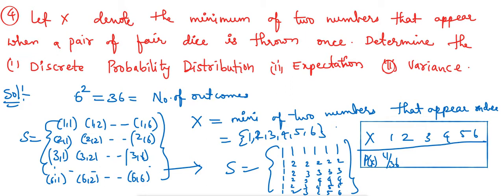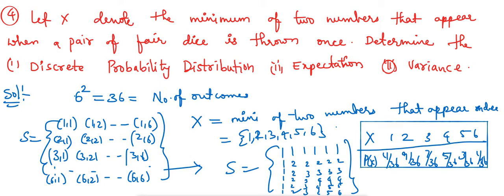How many 2's? 5 plus 4, 9 by 36. How many 3's? 4 plus 3, 7 by 36. How many 4's? 3 plus 2, 5 by 36. How many 5's? 2 plus 1, 3 by 36. How many 6's? 1 only, 1 by 36. This is the probability distribution function, the discrete probability distribution table.